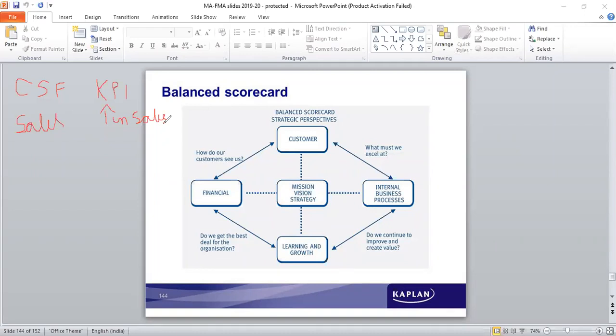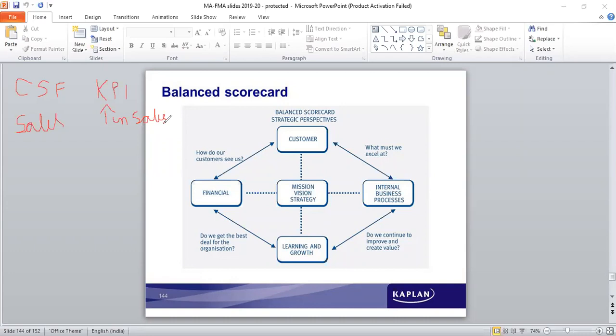So keeping a track of what the customers are purchasing. So whether sales are increasing, new customers are being added. So now it is possible with customer relationship management, whatever tools they are using. So they can understand about customer satisfaction.